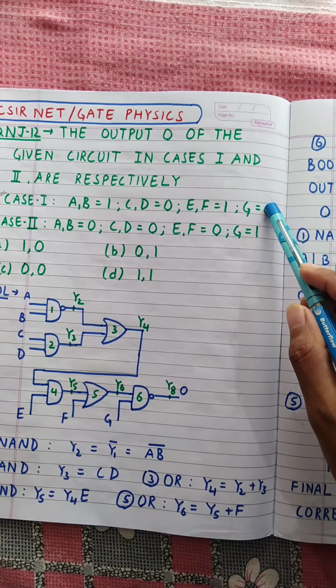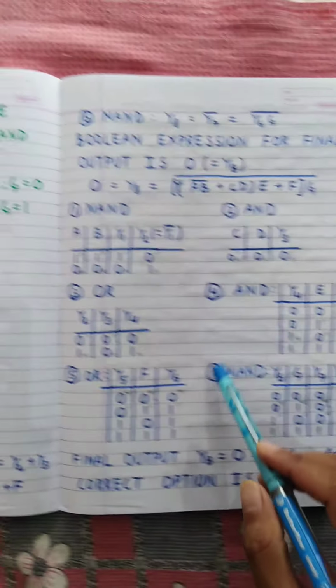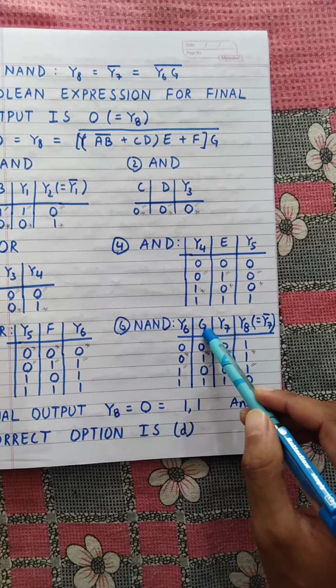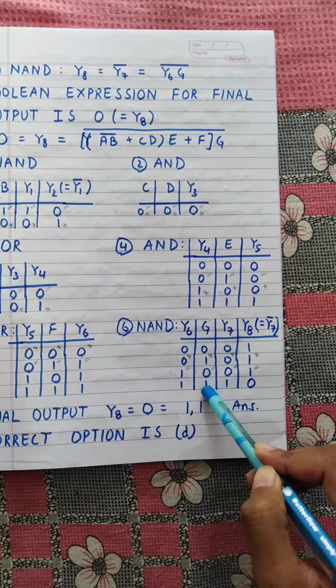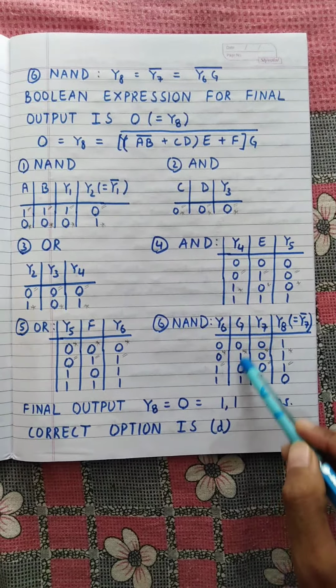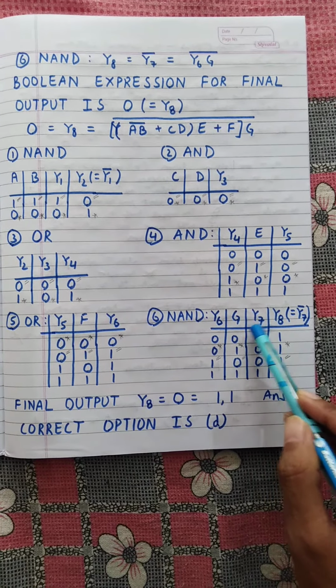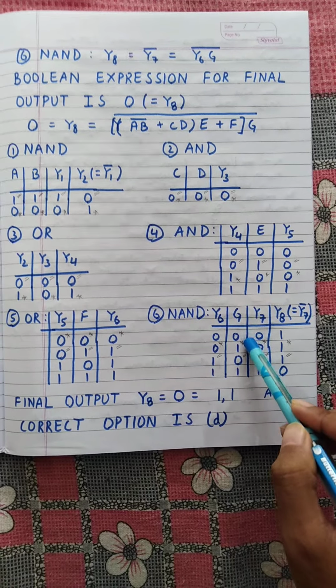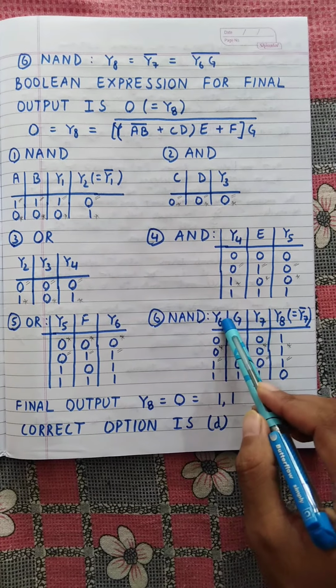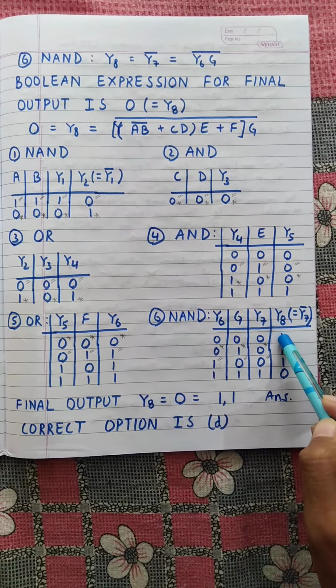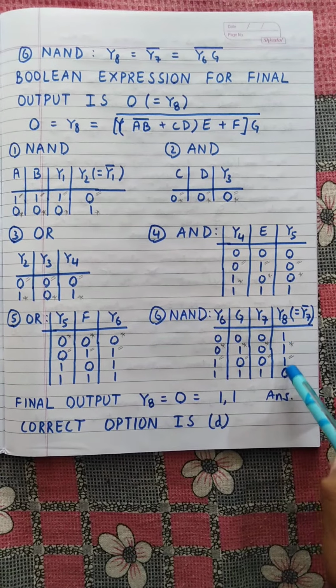In the first case it will be 0, second case 1. So for the combined case, we put down all the possible values in the truth table, 0 and 1. After performing the AND operation we get this, and we just reverse it because of the NOT gate, it is a NAND operation, and we will get y8 as 1 1 1 and 0.